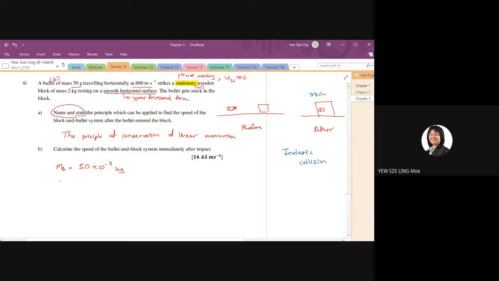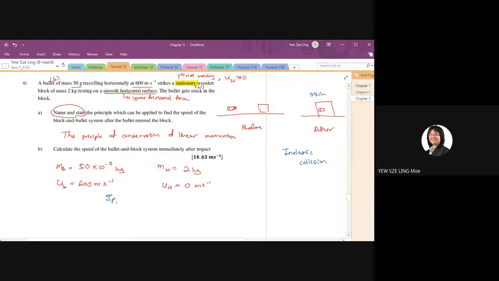The bullet is moving with an initial velocity of 600 meter per second. My wooden block, MW, is 2 kg, and UW equals 0 because initially it is stationary. Stationary means it is at rest, it is not moving.